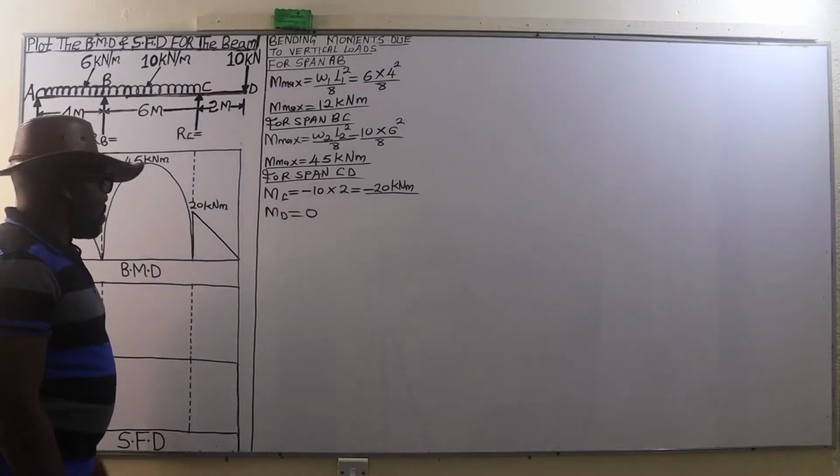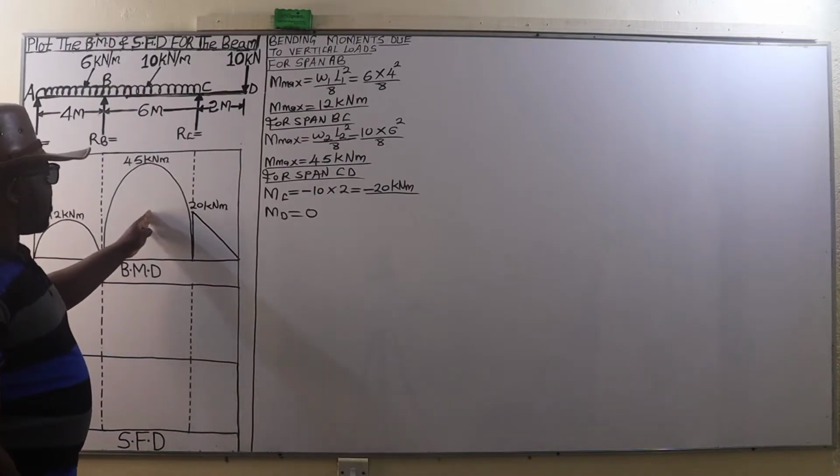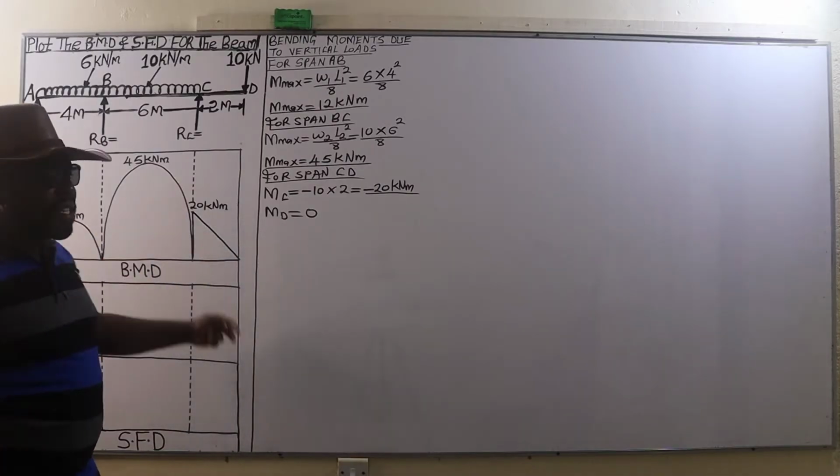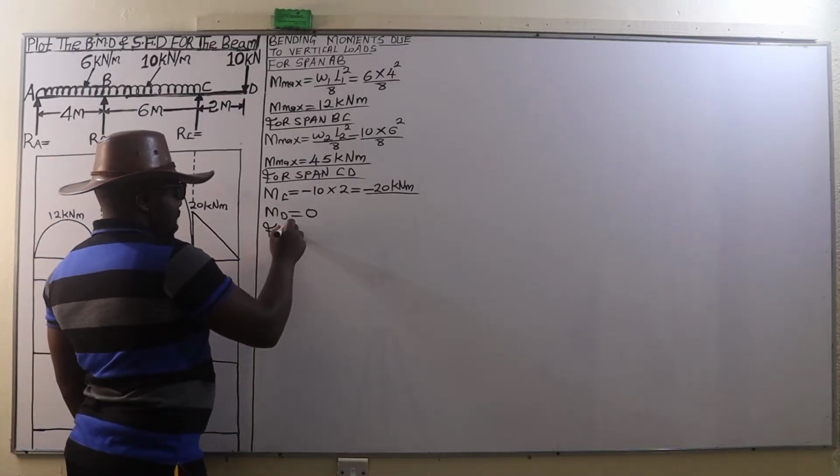Good. From there, we are going to determine the area of this smooth curve as well as this one between span AB and BC respectively. So we begin with the span AB.